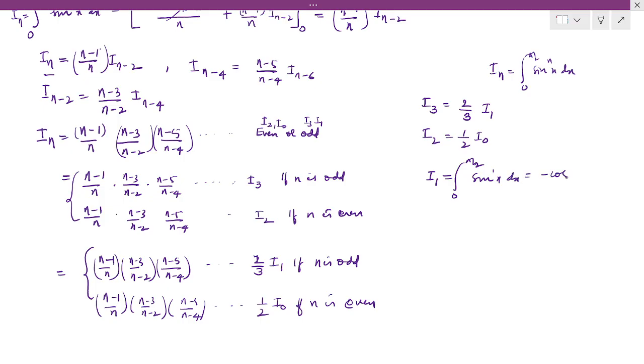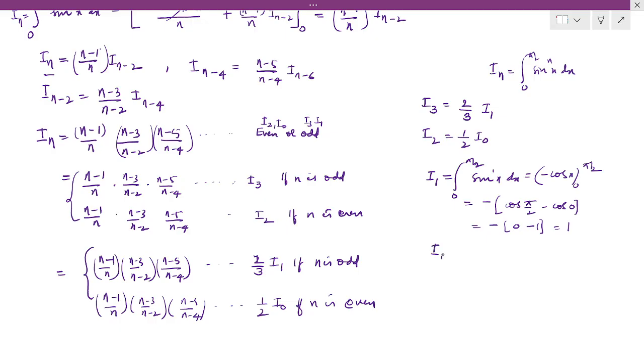Integration of sin x is minus cos x between 0 to pi by 2. Substitute the limits: cos pi by 2 is 0, cos 0 is 1, so minus 0 plus 1, which is 1.